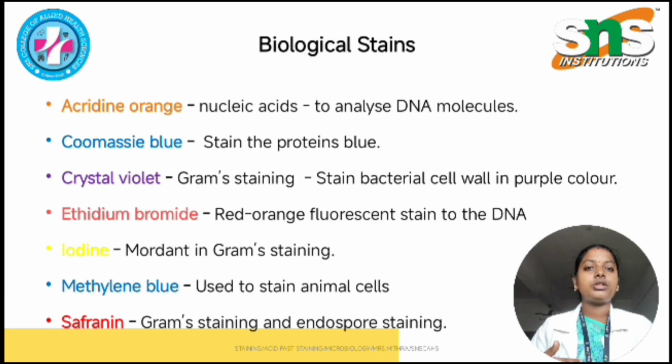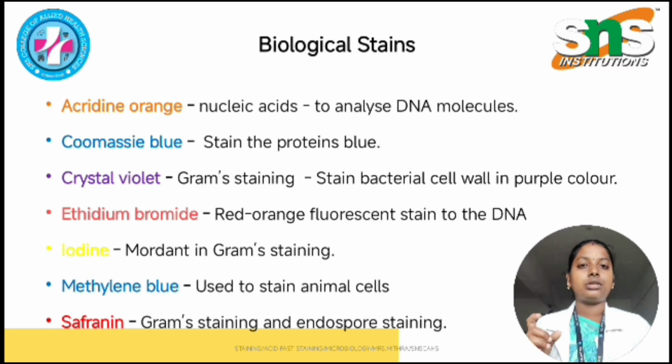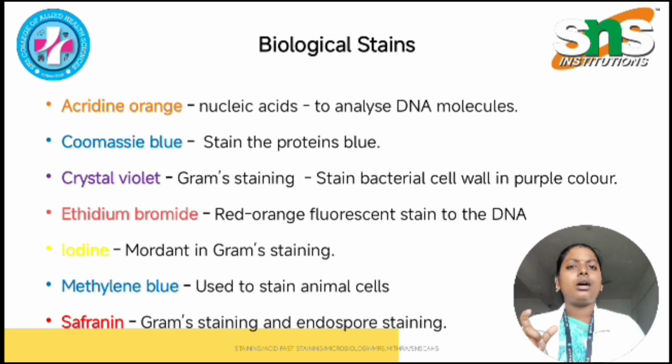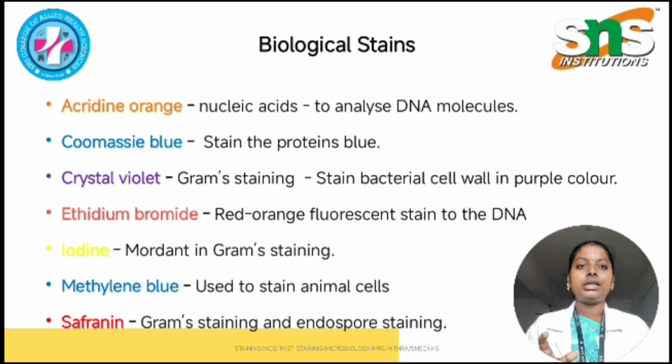And coming to the third one, crystal violet. So this crystal violet stain is very important in the gram staining, and this violet color makes the bacterial cell wall appear purple. So when we see the bacterial cells in the microscope, the bacterial cells appear in purple color. And coming to the ethidium bromide, it is a red color fluorescent stain.